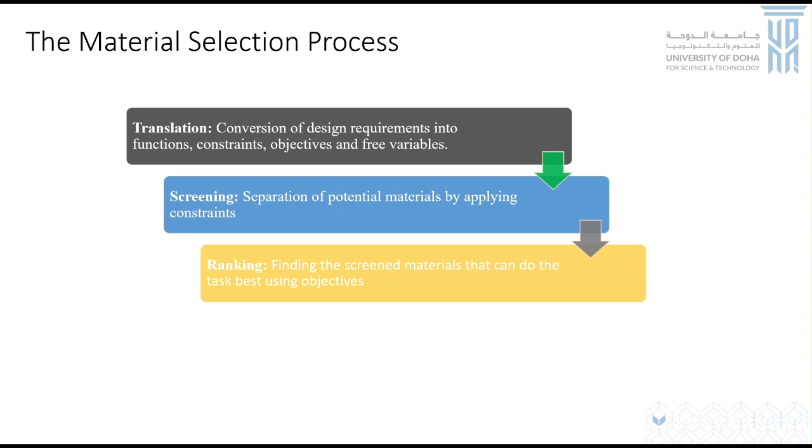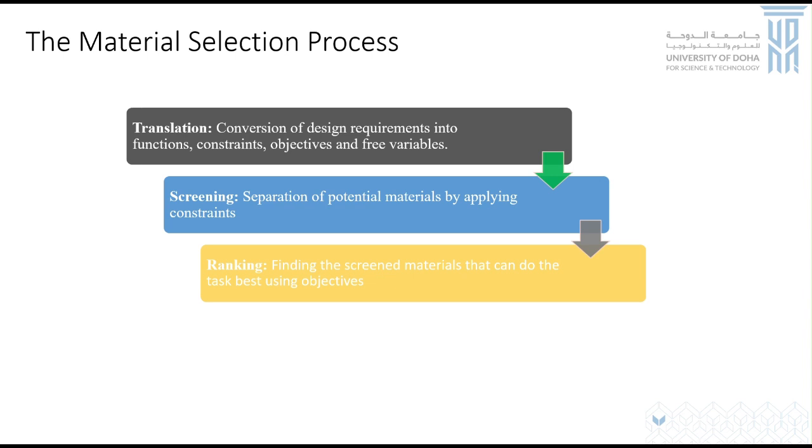So like I said, in this case, the objective may be to reduce the cost, right? So in that case, let's say you had 100 materials and after the screening, now you are going to rank them by the lowest cost possible, okay? And then you are going to make your final materials selection and recommendation.